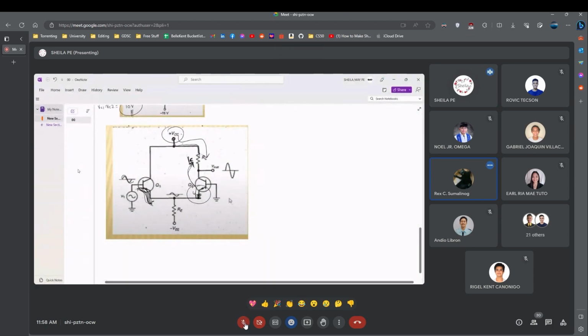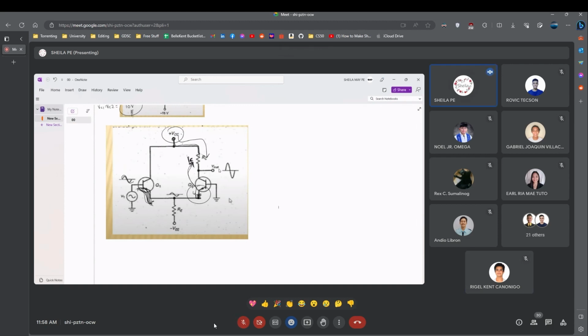Okay, so this is why it is called non-inverting. At the positive half cycle here, the output is also at the positive half cycle. So it is non-inverting: the input and output are in phase with each other.